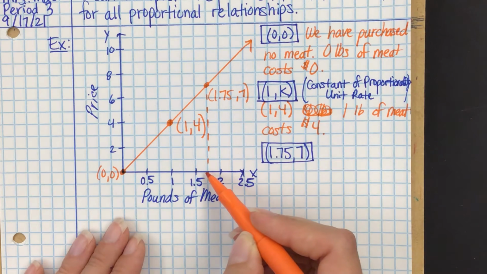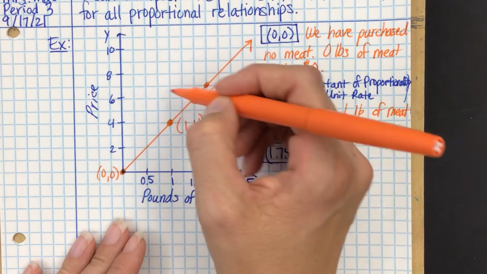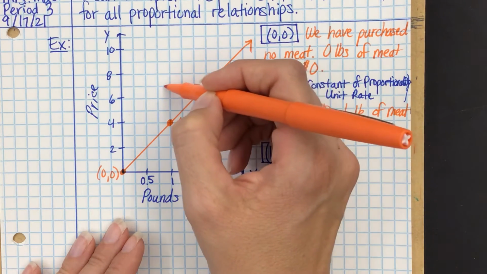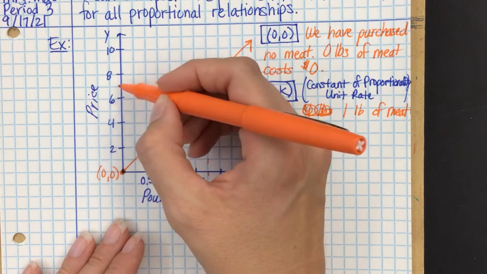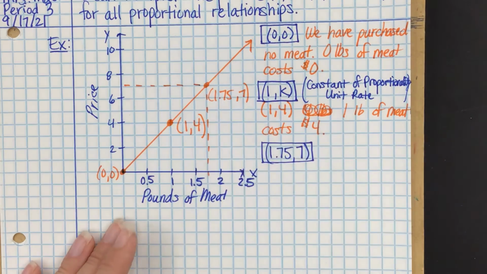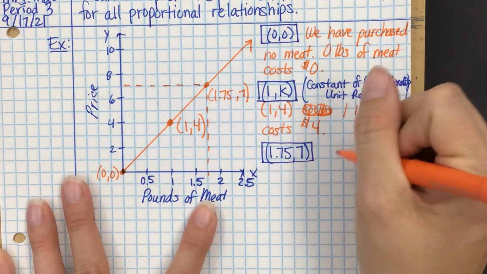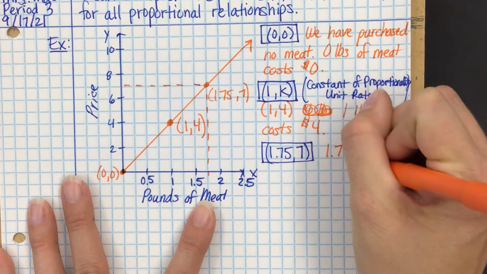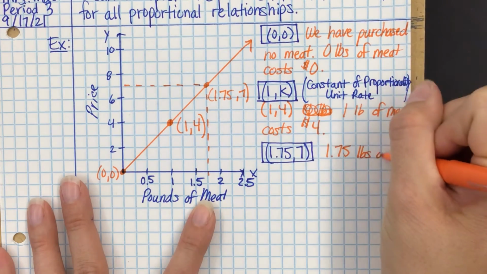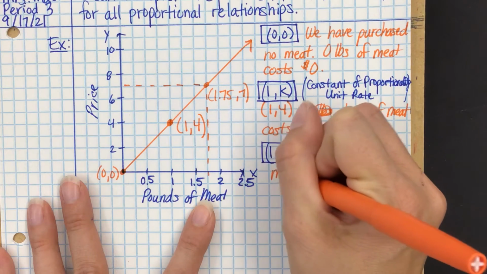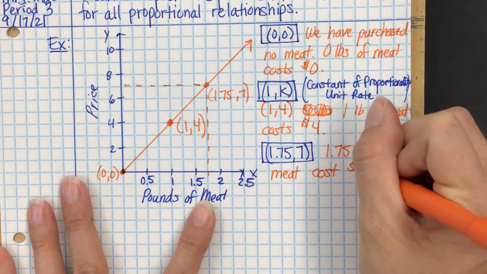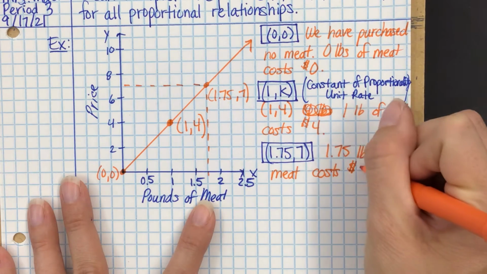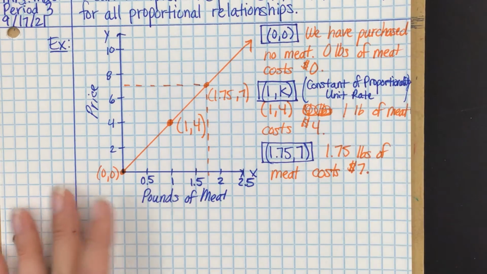So this is 1.75 pounds of meat. And I go across, and the price is $7. So that is helping you with your interpretation, because we can say 1.75 pounds of meat costs $7.